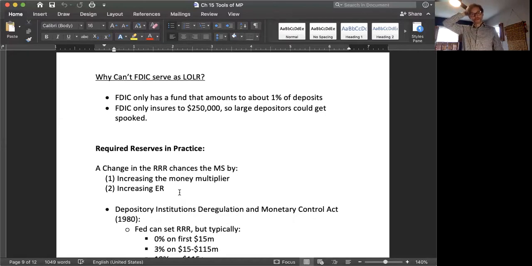The FDIC only insures up to $250,000. So big depositors could be spooked too if it was just left to the FDIC because they would think that there's no lender of last resort for them. So, in practice, having a central bank to serve as a lender of last resort is a crucial thing in modern financial systems.